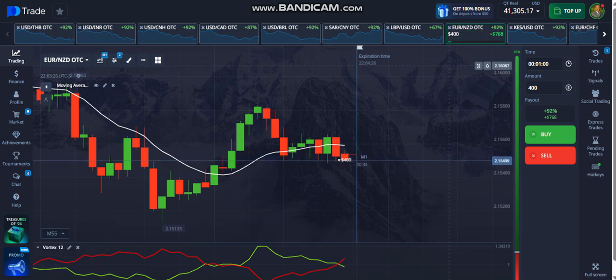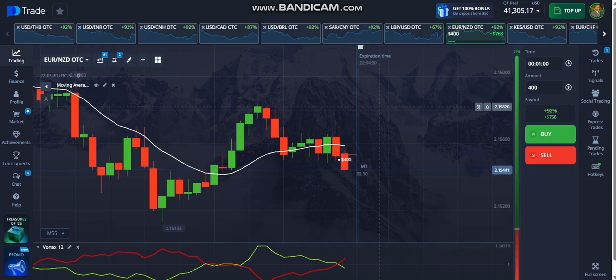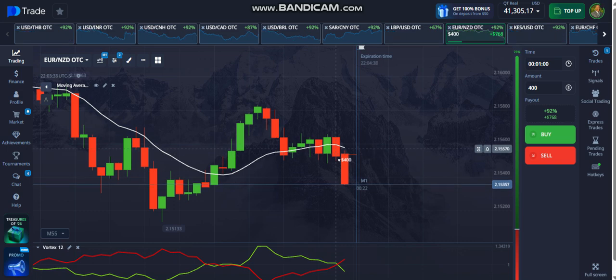Okay, so I'm on the Euro New Zealand dollar OTC pair, and I just took a sell trade, a put trade. The reason why I took the trade is, if you notice here, the red candle crosses over the 20 WMA line.